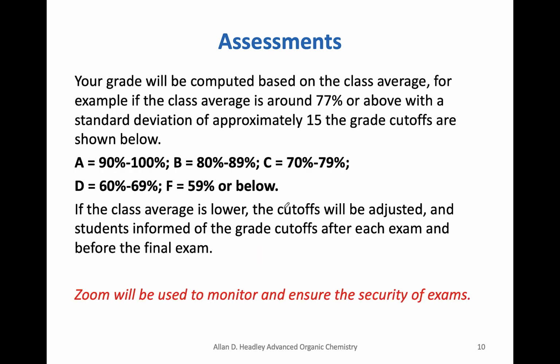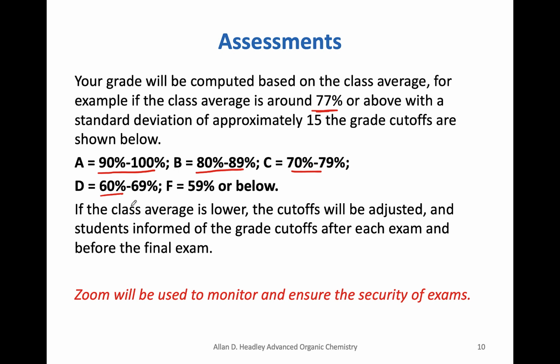In terms of the actual grades, the average of a class like this is typically around 77, 78. If that is the case, and we hope that will be the case, the normal cutoffs will apply, such as 90 to 100 A, 80 and above B, 70 and above C, and so on.